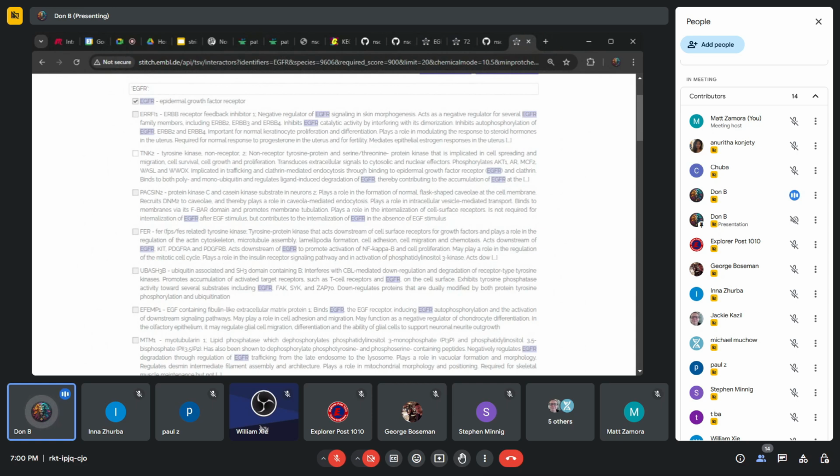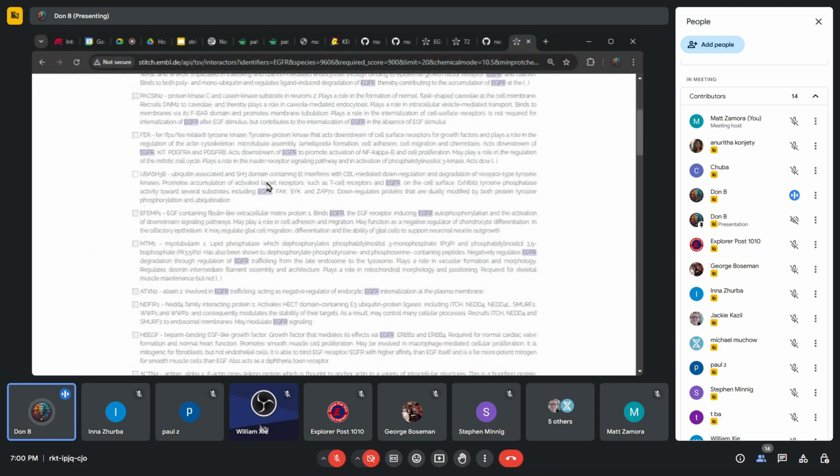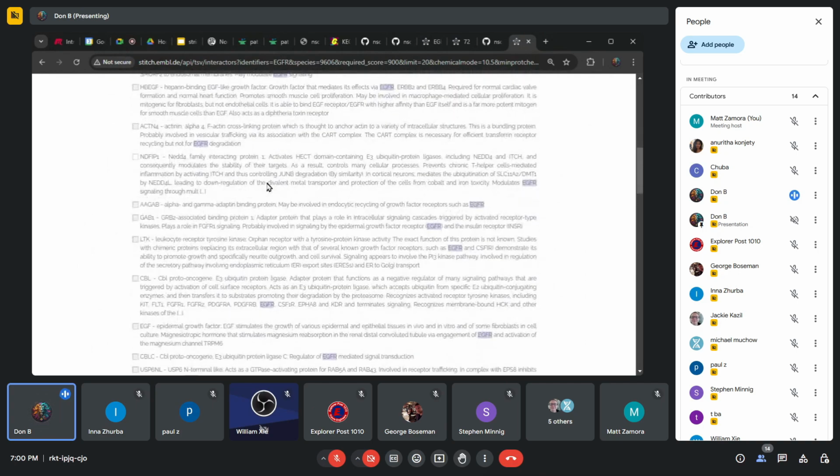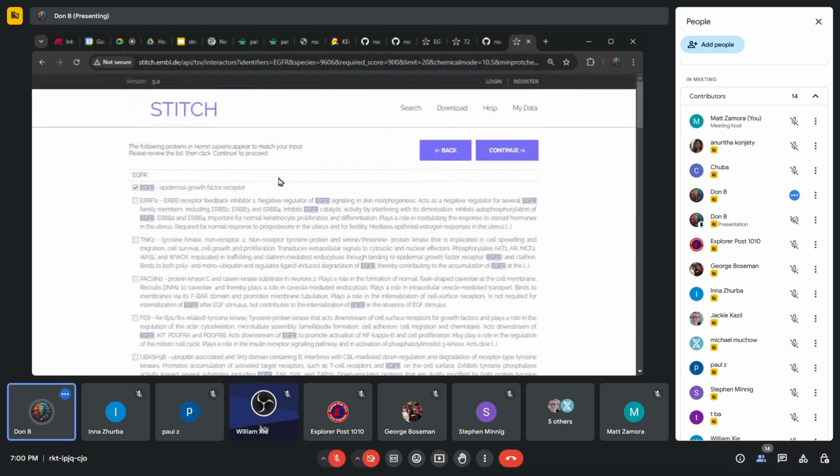In some cases it's an isoform aspect, or in other cases you may be saying EGFR, but you're more interested in a pathway. So you may take different points in the pathway. In this case, the fuzzy logic can be helpful.